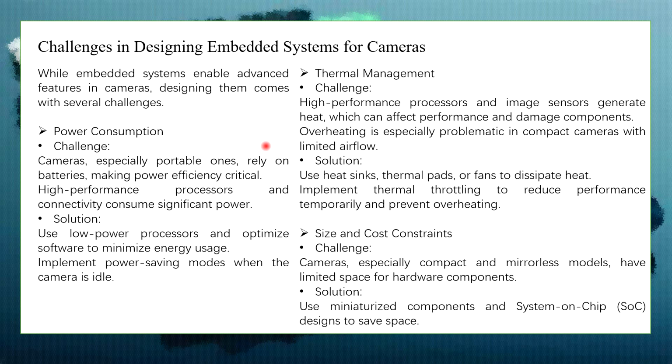Implement thermal throttling to reduce performance temporarily and prevent overheating. Size and cost constraints. Challenge: cameras, especially compact and mirrorless models, have limited space for hardware components. Solution: use miniaturized components and system on chip (SoC) designs to save space.